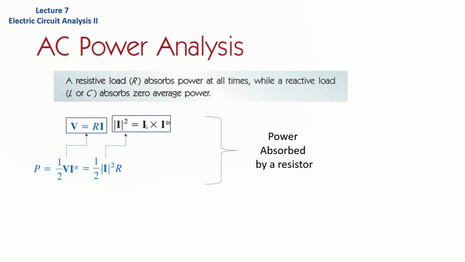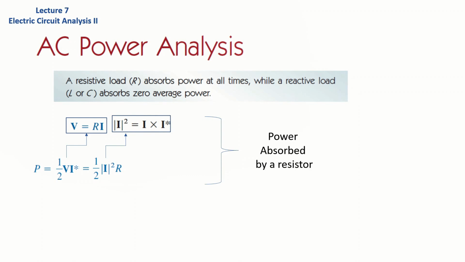When we multiply a plus jb with a minus jb, we end up with a squared plus b squared, because the negative in the expression is made positive when we take the square of j, that is, j is equal to the square root of minus 1.